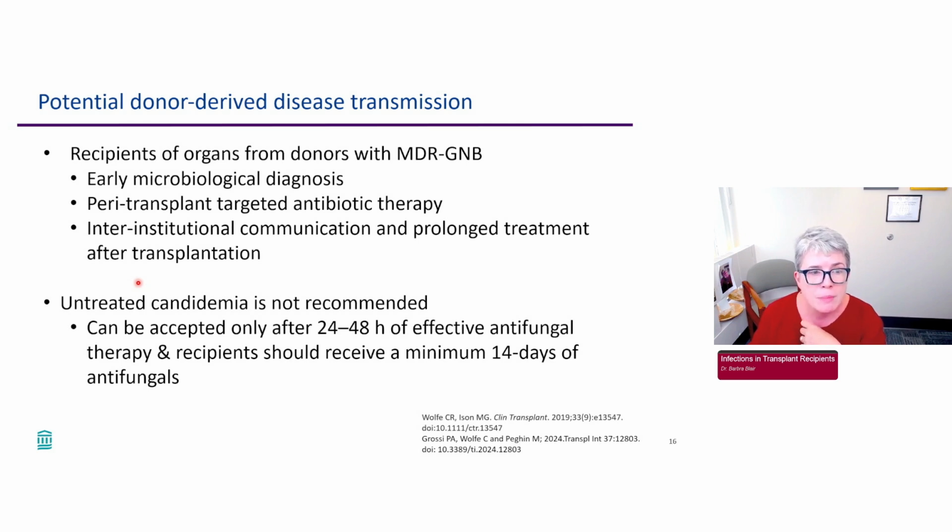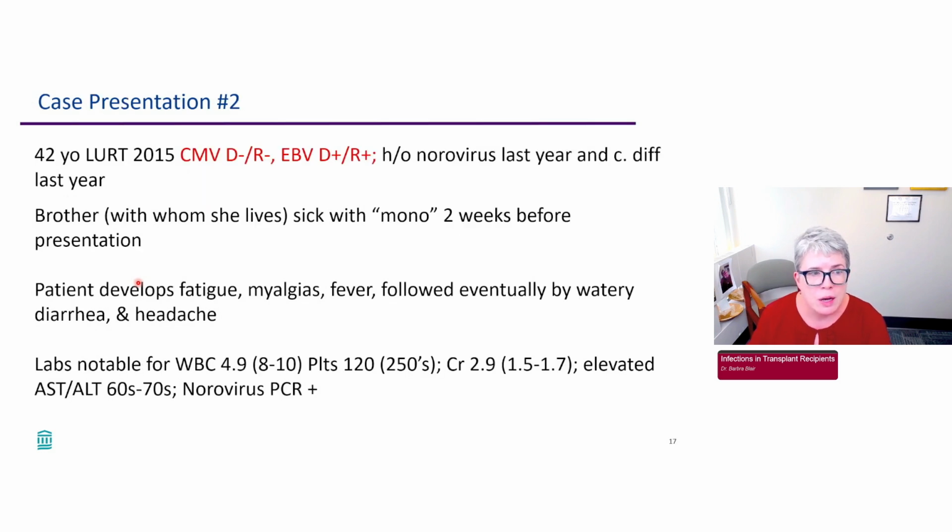Then there has to be communication between centers. Lastly, candidemia. If it's well-controlled pre-transplant, anyone with uncomplicated candida infection that's been treated and cleared, that organ could still be procured and used, but for anyone without, it can get tricky. So that sums up those infections.